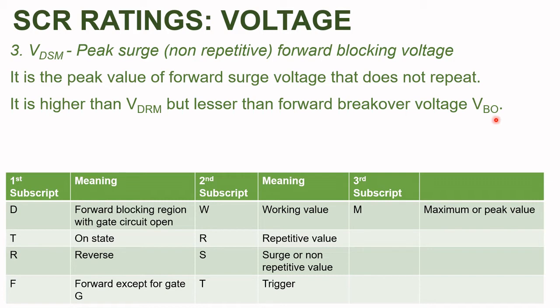We have already seen VBO during the VI characteristics of SCR. In VI characteristics we have seen if the voltage crosses the value of VBO, the SCR will turn on by forward voltage triggering.